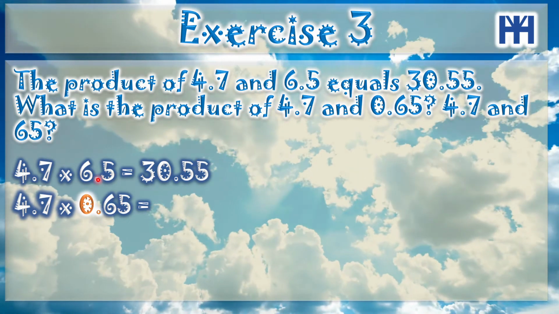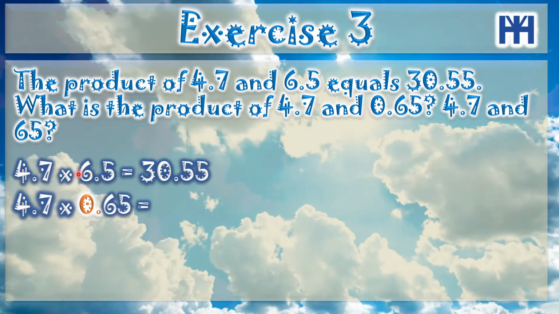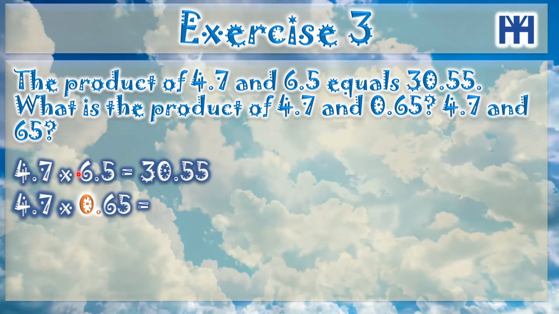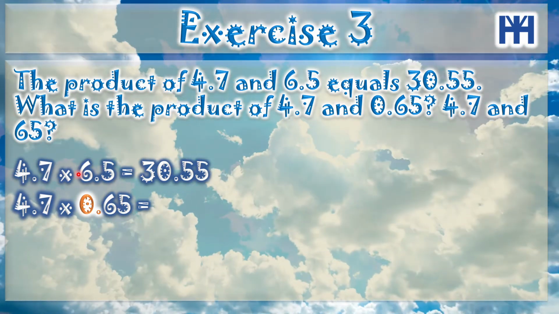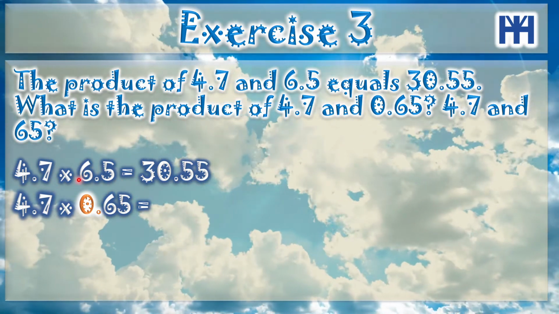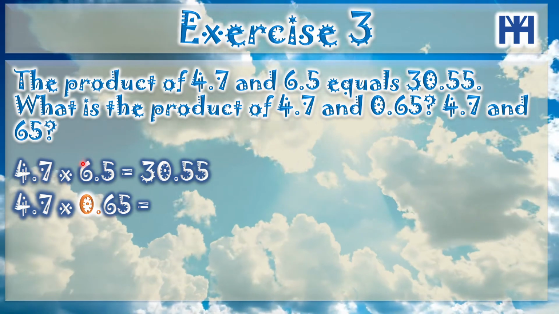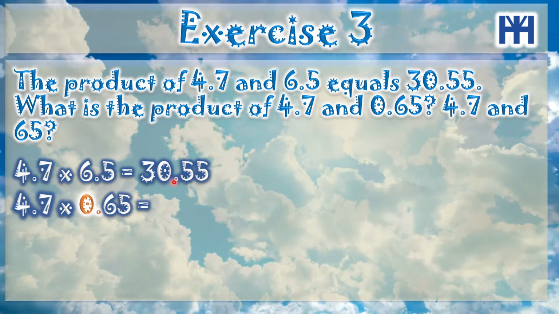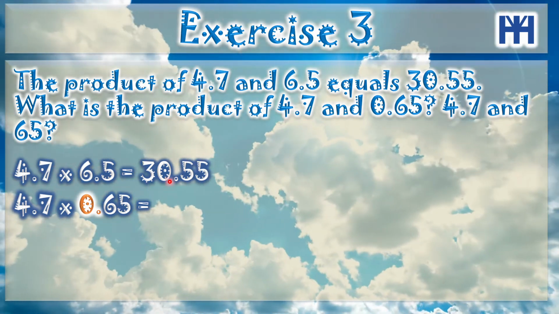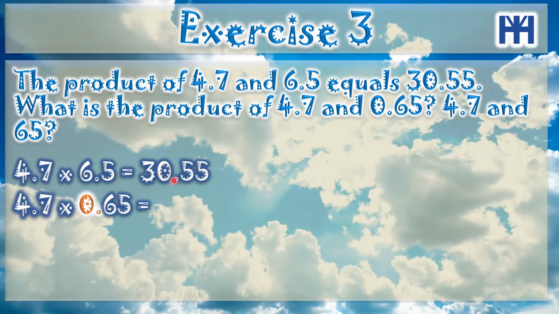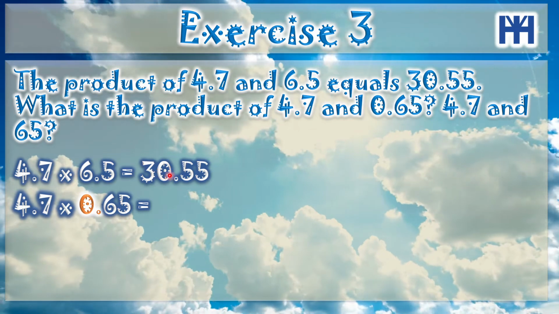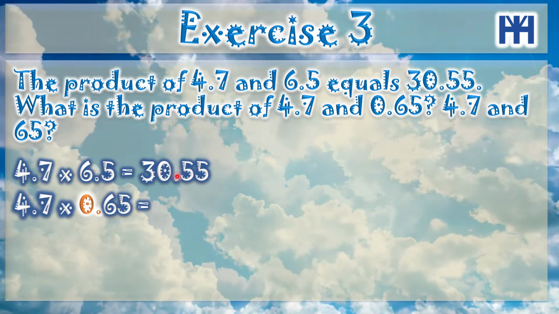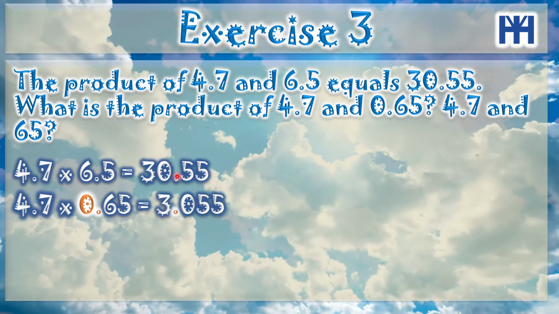They shifted the decimal point 1 point to the left, so this should also happen to the answer, as if they have divided by 10. The decimal point of the answer should also shift 1 point to the left. So it's 3.055.